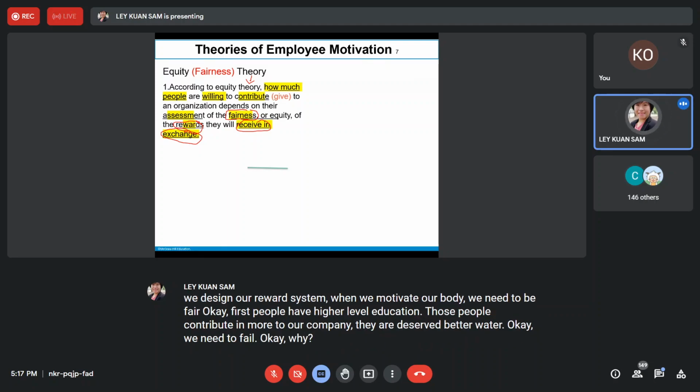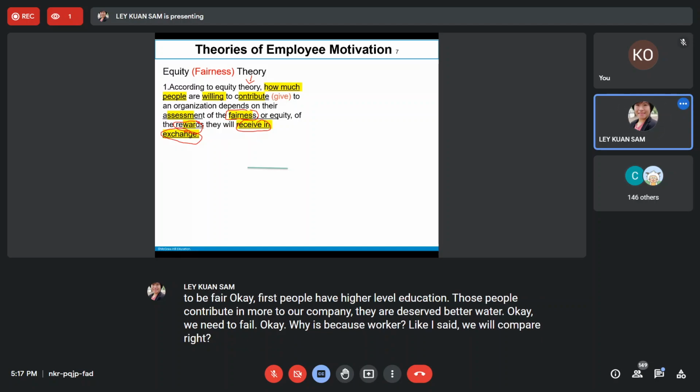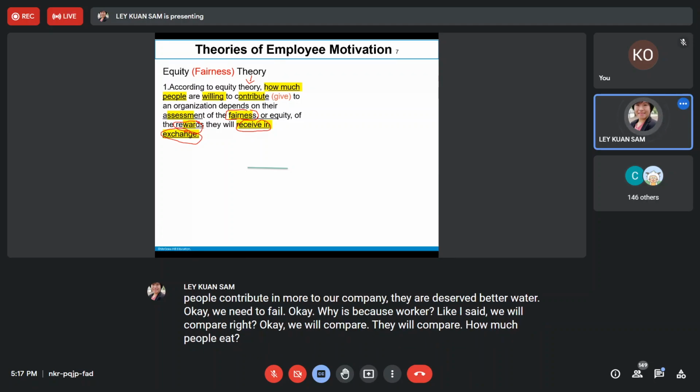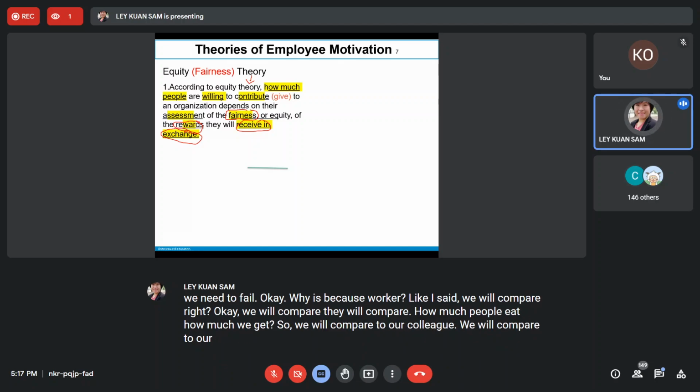Why? Because workers like us will compare, right? We will compare how much we put in and how much we get. We will compare to our colleagues, and to our friends in other fields.